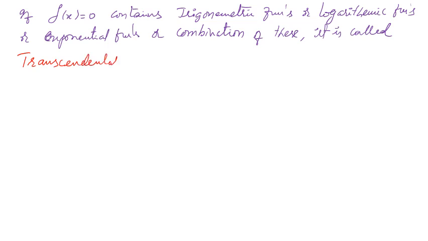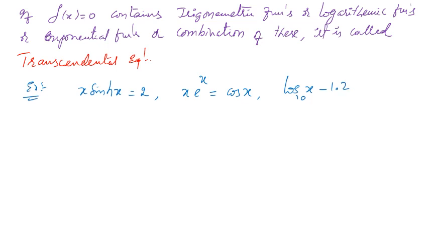Examples: x into sinh x equal to 2, or x into e to the power of x equal to cosine x, or log x to the base 10 minus 1.2 equal to e to the power of x, etc. These are all transcendental equations. An equation involving trigonometric, logarithmic or exponential functions is called a transcendental equation.